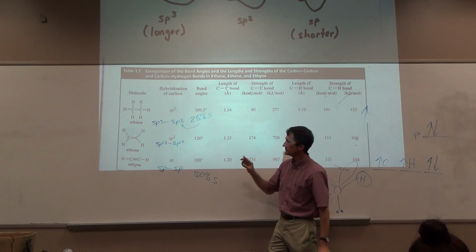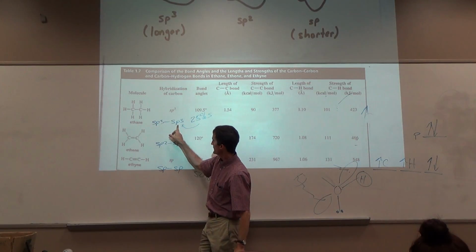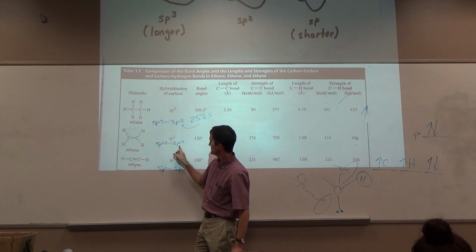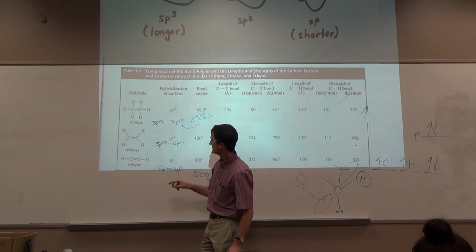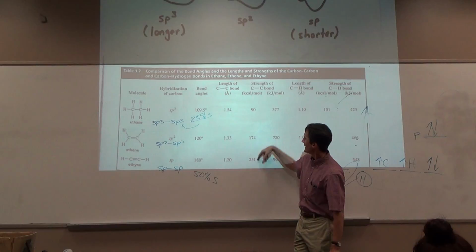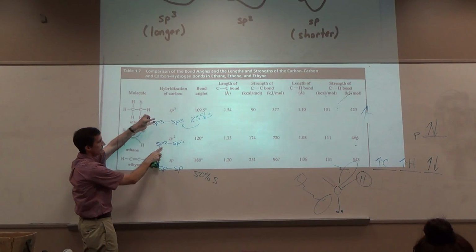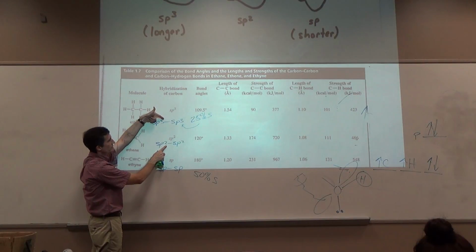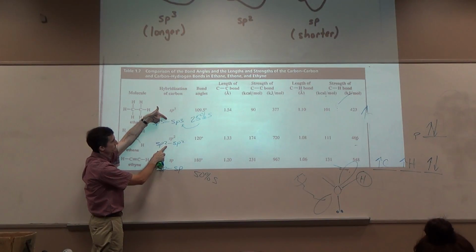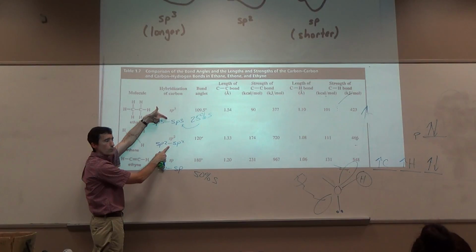But you also have a difference. The sigma bond here is sp3, sp3, and the sigma bond here is sp2, sp2. That's sort of convoluted there. Let's just focus here. Two sigma bonds. Which one's stronger? This one or this one? This is going to be stronger. Okay? Why?